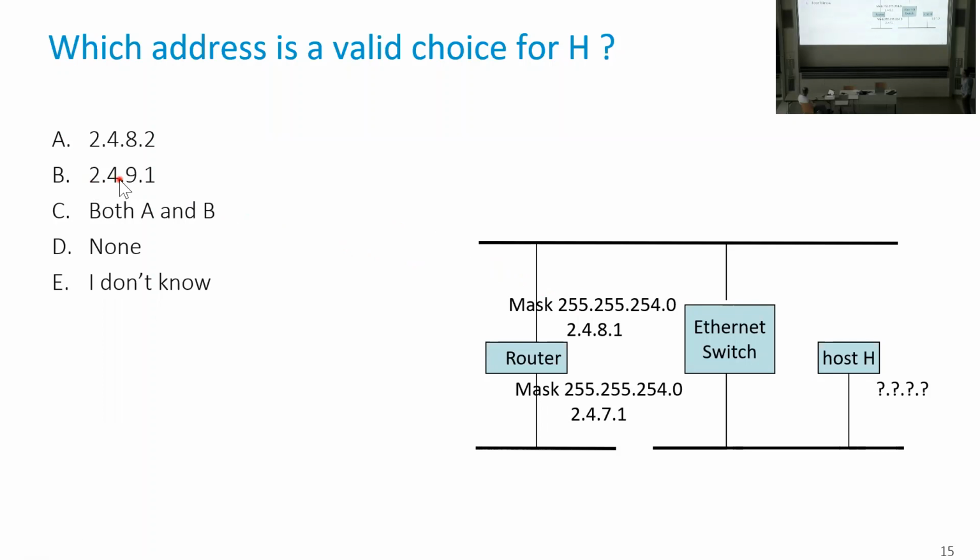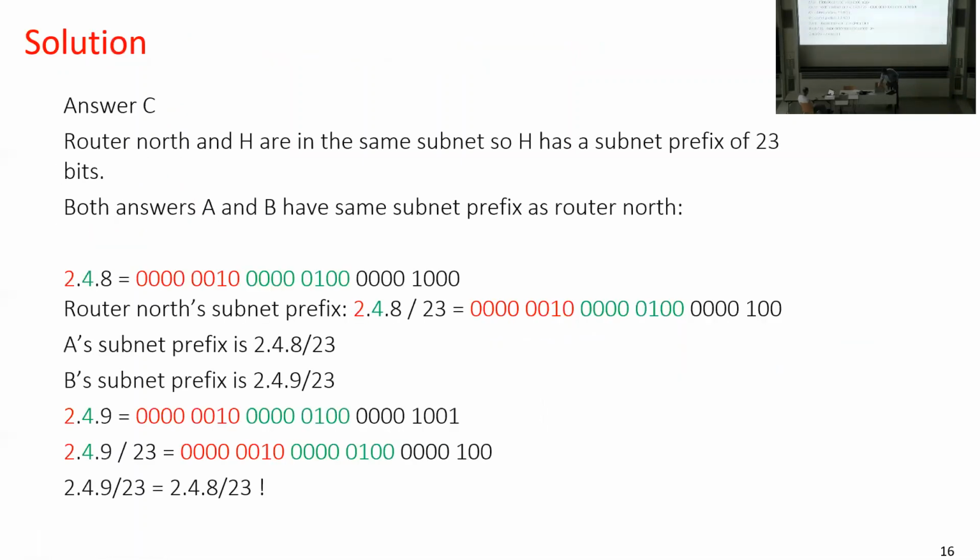But B, if we look at it in more detail, the difference between 8 and 9 is only the last bit. So they differ only by the last bit, which means the first 23 bits here ignore the last bit of this byte. Therefore, the subnet prefix is the same. So both addresses are valid here. Which you can see here.